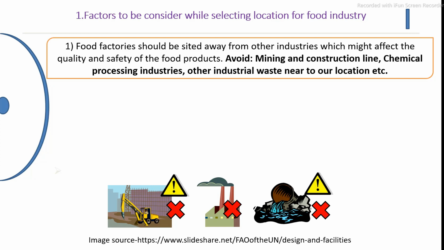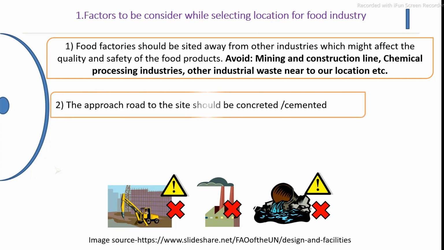The nearby area should be clean and free from air pollution. The area should also have proper supply of all facilities, such as road transportation systems, electric system, water supply system, and drainage system. These points are required.